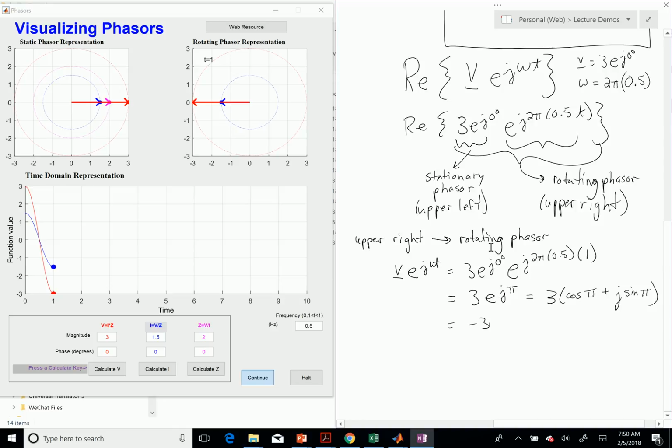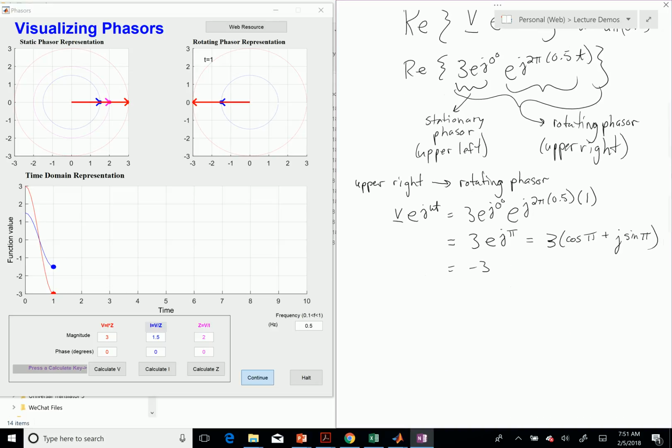Okay. So notice, that's what I see in this rotating vector case, right? I see that this guy is sitting at -3. So the red is pointing, so he's got no imaginary part, and he's got a real part of -3. Okay. Similarly, if I say to myself, well, what's the real part of that thing?